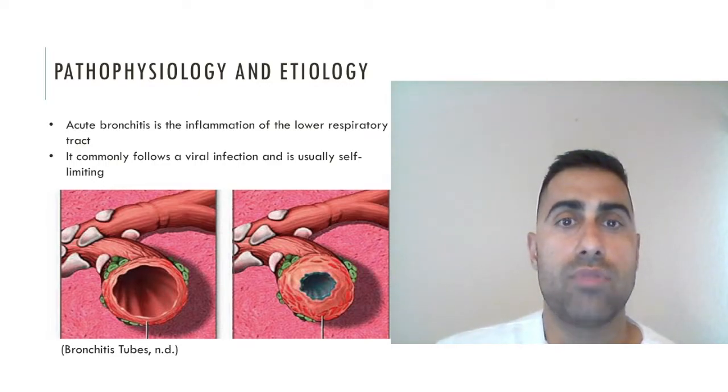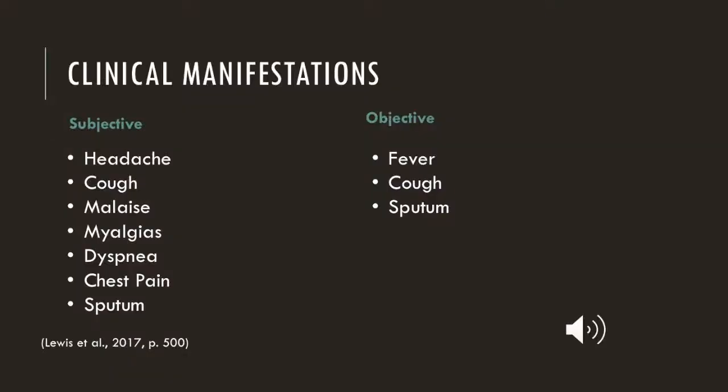Acute bronchitis presents like pneumonia, with the only difference being there is no presence of pulmonary consolidation. Clinical manifestations of bronchitis include subjective and objective symptoms. Subjective data is what the patient states they are feeling. This includes a headache, dyspnea, which is shortness of breath, myalgia, which is muscle aches.